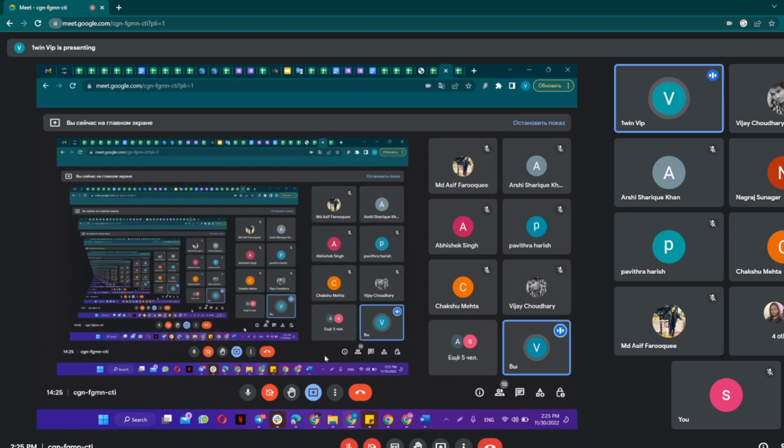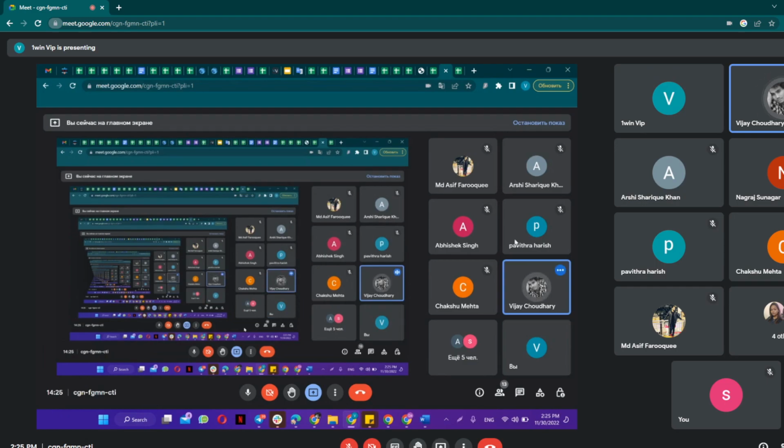I will win my bet because I want you to run more than 3.5. I'm placing 1000 rupees that you, Vijay, will run more than 3.5 kilometers. So the second bet was not lose, the second bet was win.